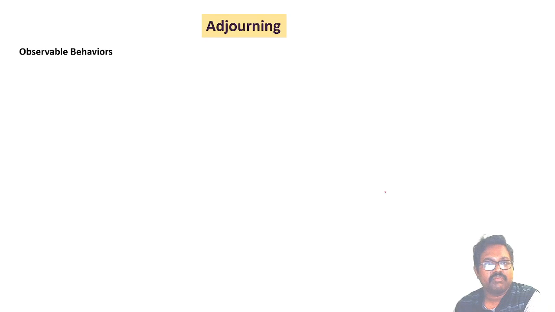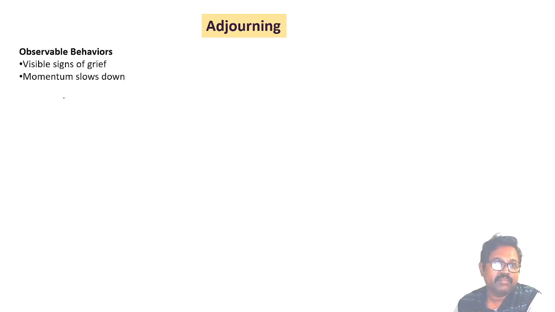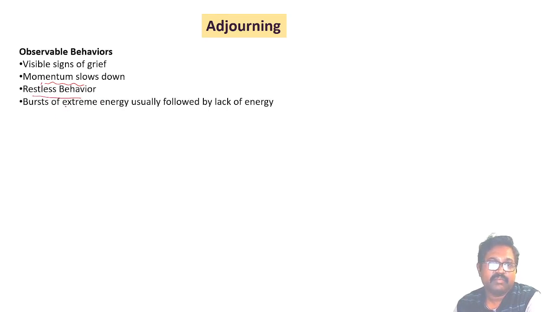And what will be the observable behavior in case of adjourning? The visible signs of grief will be there. The momentum of slowness will be there. Productivity levels will come down, and there will be restless behavior, and there will be bursts of extreme energy, usually followed by lack of energy.